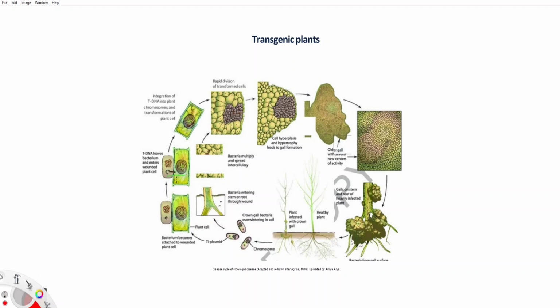If you notice, there's a transfer where the tDNA leaves the bacteria and enters the wounded plant cells. As soon as it enters, the tDNA integrates into the plant chromosome, and once it integrates, you have rapid division of these transformed cells, and they keep growing and growing and growing. That's the reason why you get this crown gall disease.